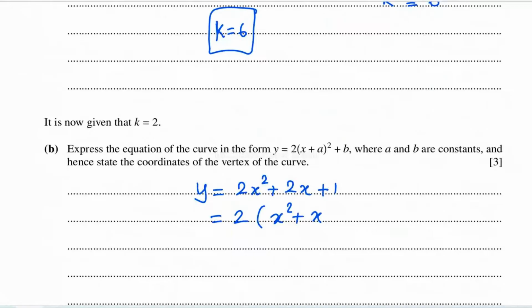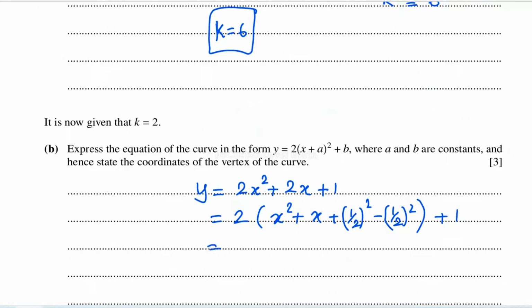So we need to add and subtract 1 over 2 the whole square. The coefficient of x is 1. Divide 1 by 2. So you will get 1 over 2. So we need to add and subtract 1 over 2 the whole square.